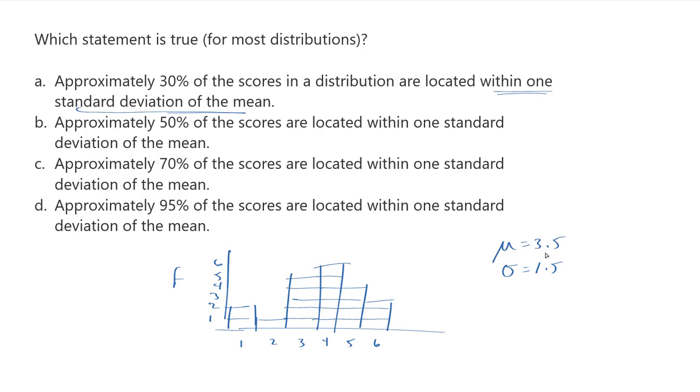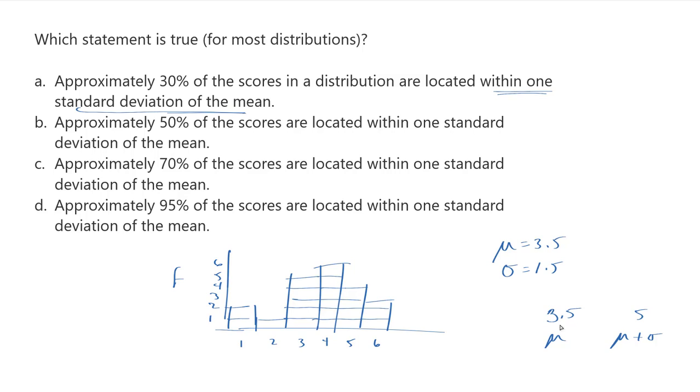Being within one standard deviation of the mean means that if you start off with the value of the mean and you go ahead by the mean plus one standard deviation, that would be 3.5 plus 1.5, which brings me up to 5.